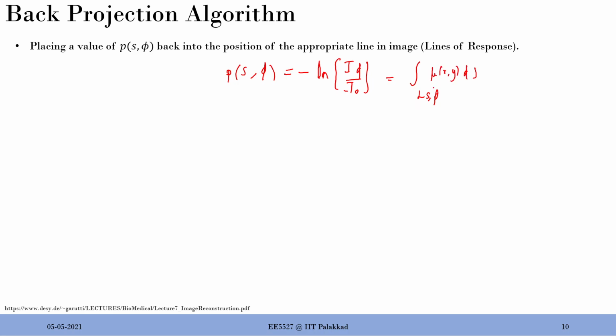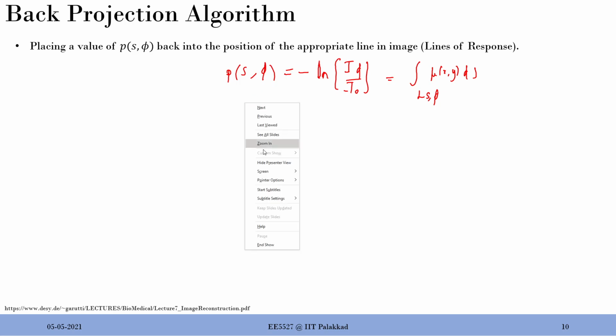So you only consider the lines in this particular attenuation image along that angle phi, and that forms your line integral. So p of s, phi is nothing but that line integral, right? So back projection says you take that value and assume that throughout that line that is the value.